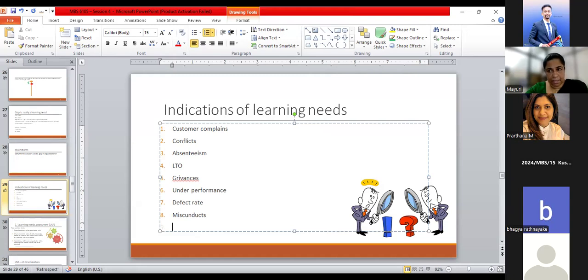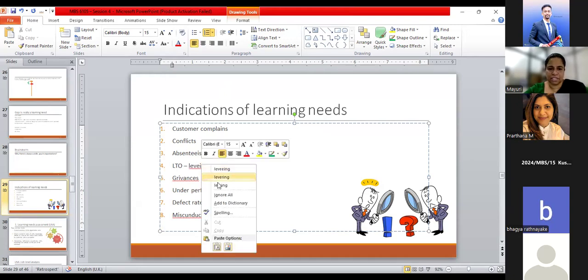Bhagya? Leaving jobs. Leaving LTO, right? Labor turnover. Is it? So you are talking about employees leaving from the jobs, right? Yes, ma'am. That's labor turnover. The labor turnover rate.